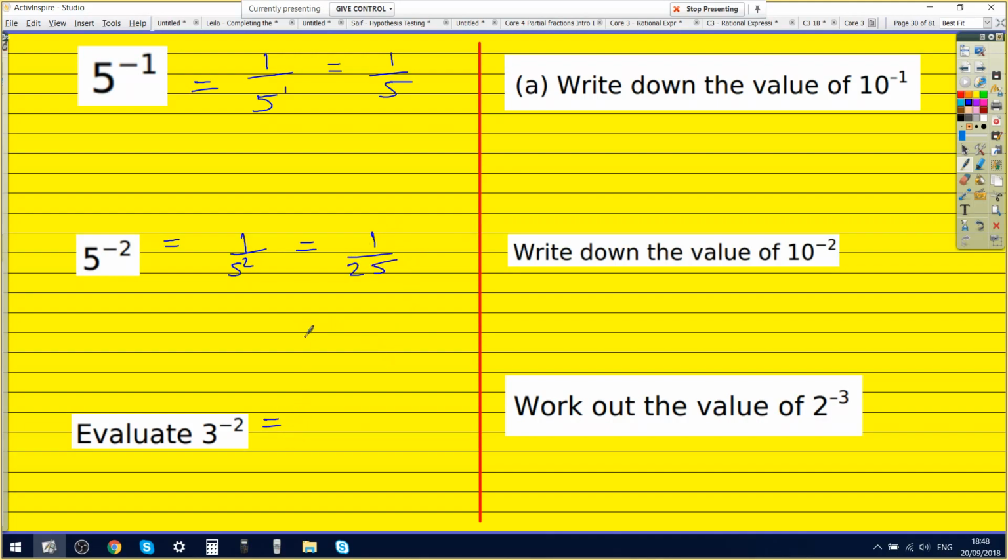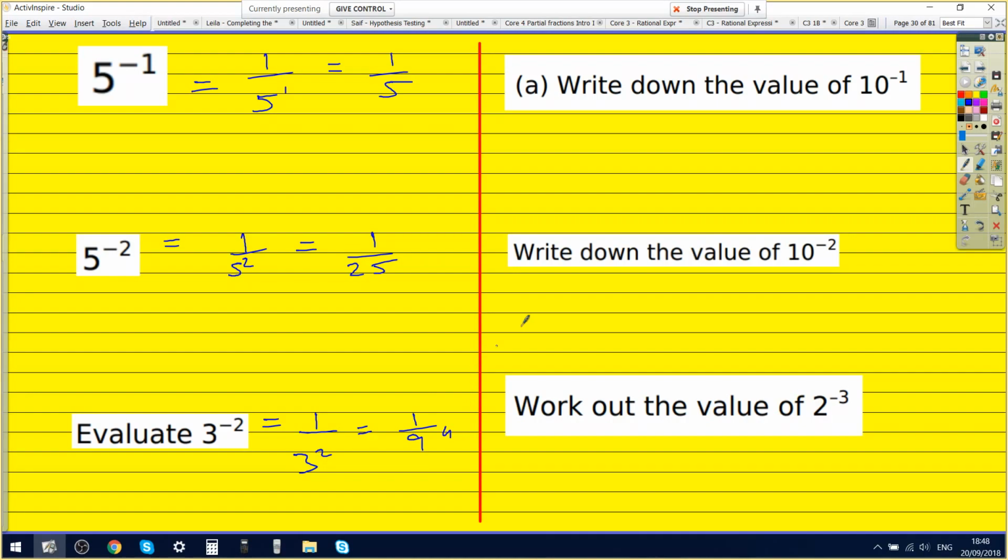Next one, 3 to the minus 2. One over 3 to the 2. And can you make that simpler? One over 9.